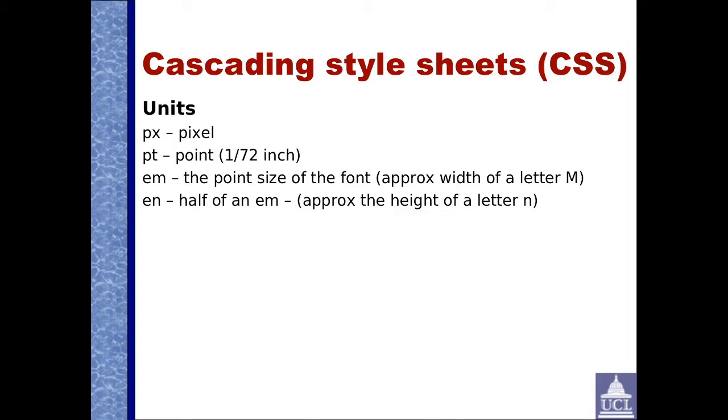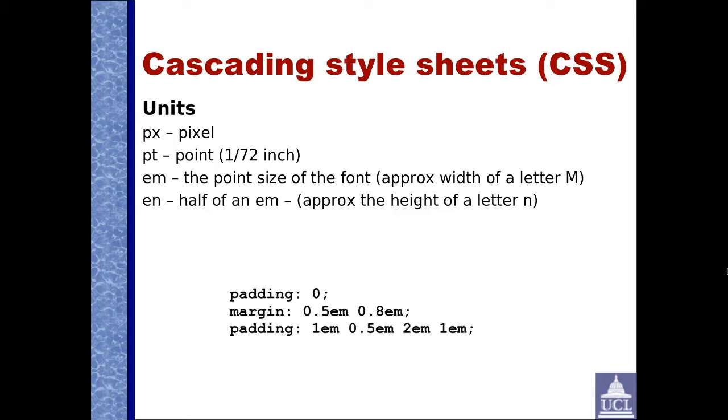So if we're using a 14-point font, then an M is 14 points in size. And it's approximately the width of a letter M. That's what it was originally named on the basis of. While an N is half the size of an M now, and was approximately the height of a letter N.